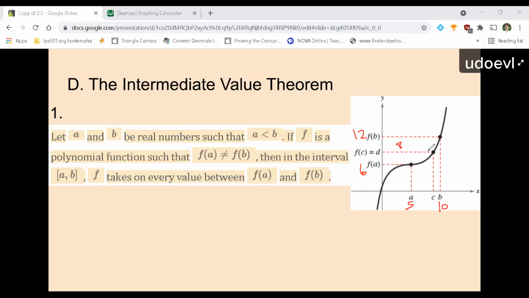Similarly, there has to be some x value that gives me the answer 8.5. There has to be some x value that gives me the answer 9. Every y value between 6 and 12 has an x value that produces it. That's the intermediate value theorem. All those intermediate values, the ones between 6 and 12, have solutions.